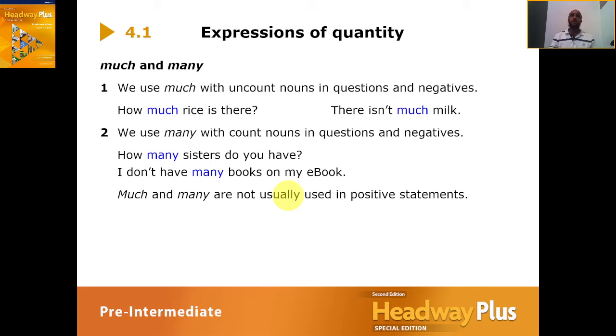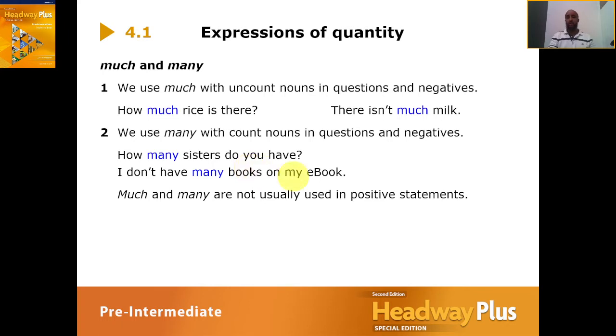For example, I can say there is much milk, but it's not usual to say that. Or, I have many books on eBay. Again, it's correct, but not usual.